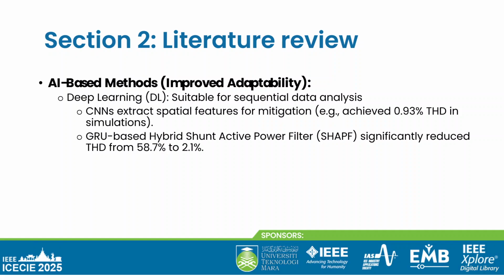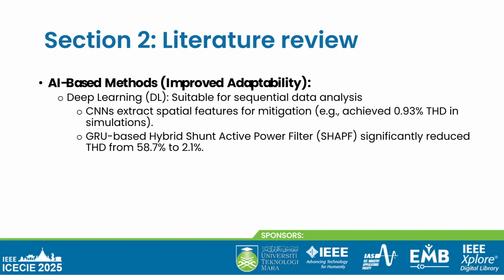If you convert the signal into a spectrogram or use statistical features, the CNN filters will detect meaningful shapes like harmonic clusters, changes in amplitude, or waveform distortion, automatically learn the important features, and be very robust to noise. It can achieve a THD value as low as 0.93% in simulation, which outperforms classical filters.